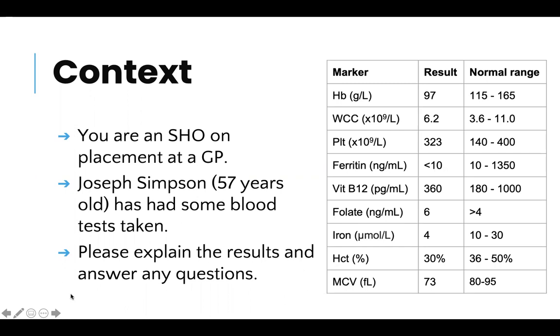The MCV is also low. So it's a microcytic anemia, and given that the patient's age profile is a bit higher than the other patient, would we be less or more concerned? And what would your differential diagnosis be?